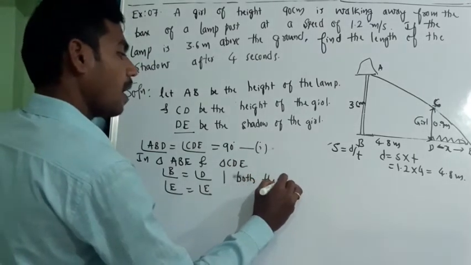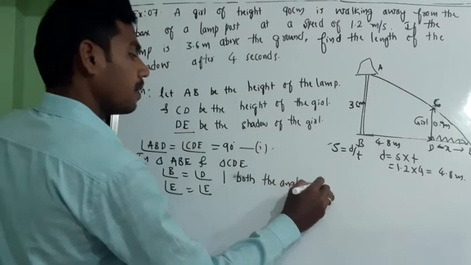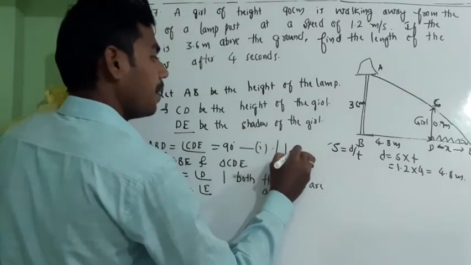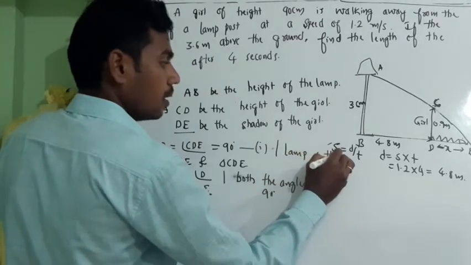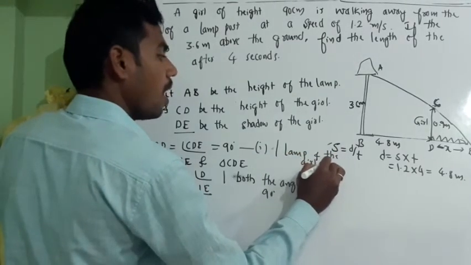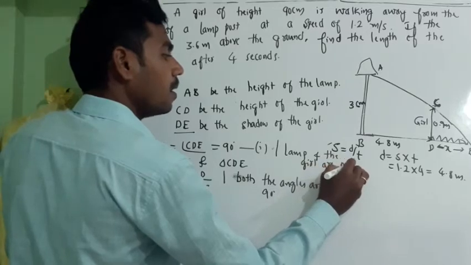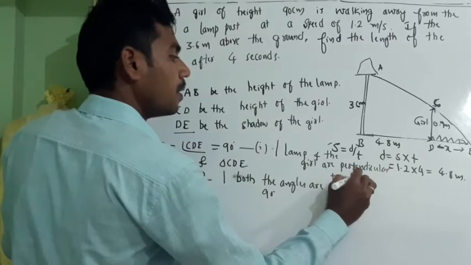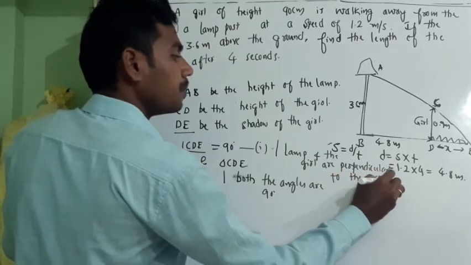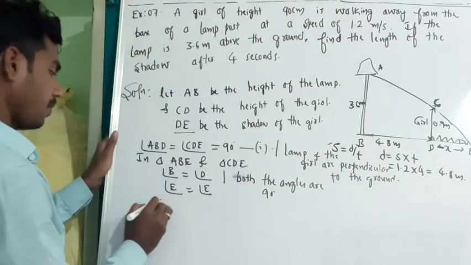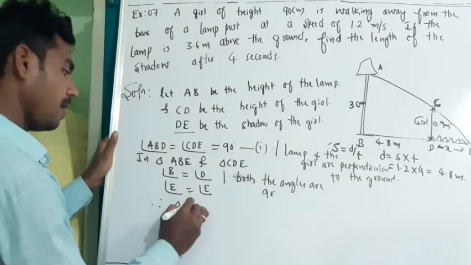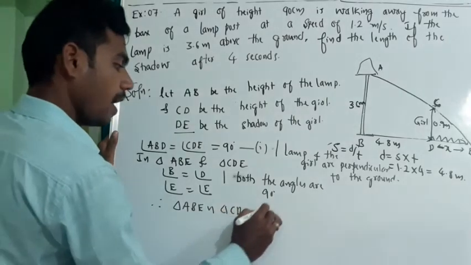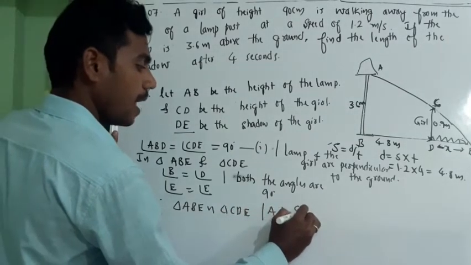Both the angles are 90 degrees, because the lamp and the girl are perpendicular to the ground. So therefore triangle ABE is similar to triangle CDE, because of the AA similarity criteria.